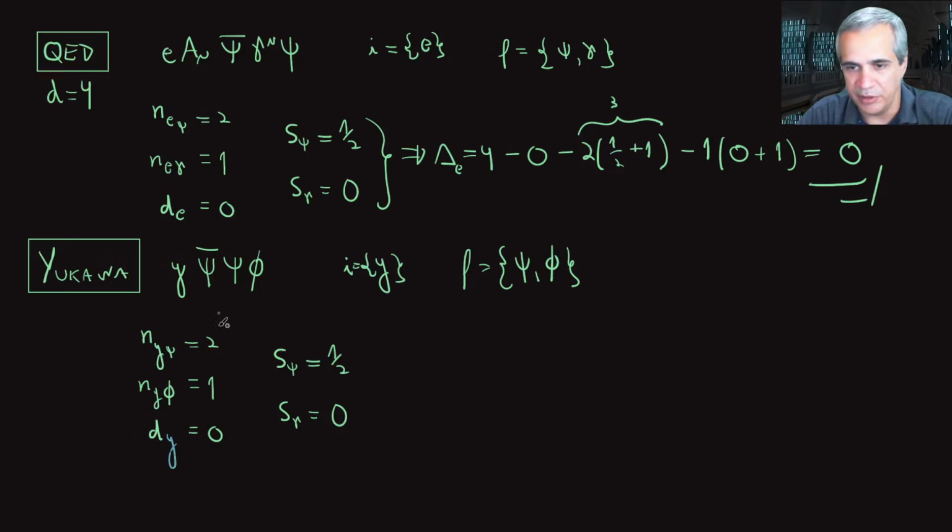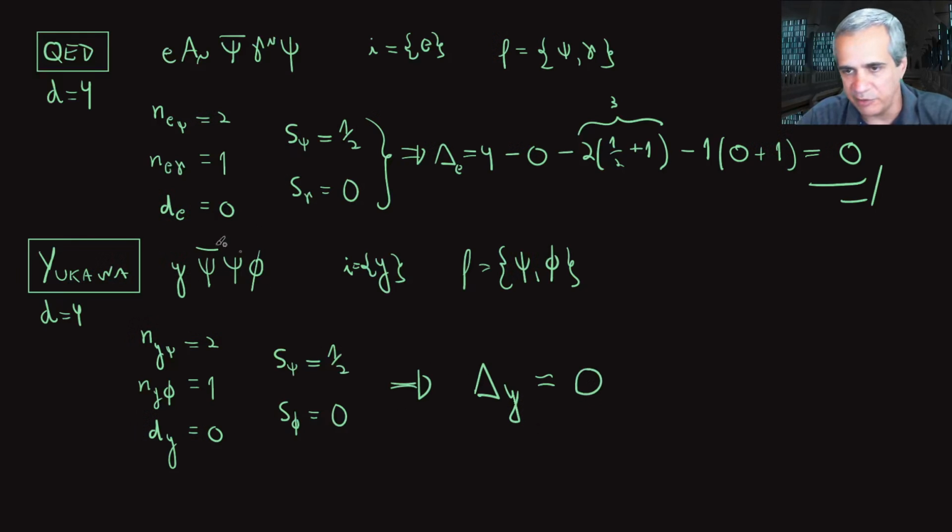There are also no derivatives, two fermions, one scalar, and S for the scalar is 0 too. So I don't have to do everything again; it will be exactly the same calculation. Again, I'm in 4 dimensions. So you see that we found another renormalizable interaction right here, which is the Yukawa interaction, a very important one.